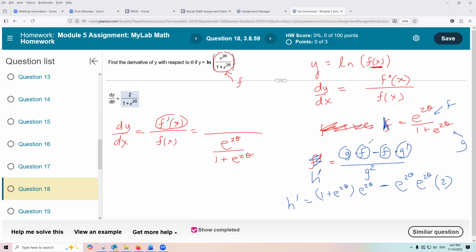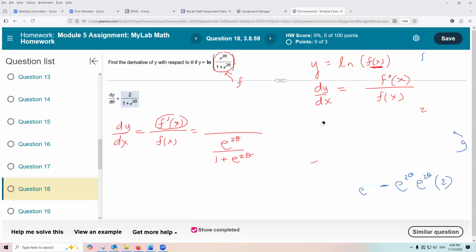I'm sorry, I made a mistake here. This should be g times f prime. You know what I'm realizing is I might be confusing things by calling too much stuff here f. Let me back up a little bit and start over again with the quotient rule, because I think I might be confusing people.